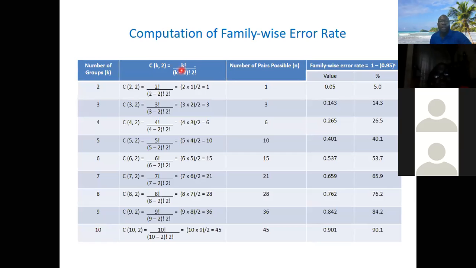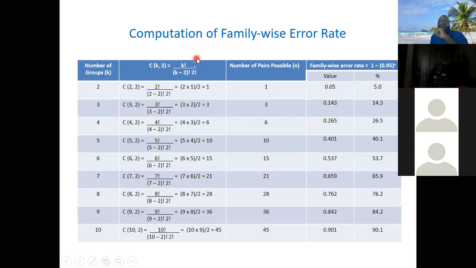So the combination formula is what we apply here to know the number of T-tests you carry out for the groups of means you have. K actually means the number of groups, which is synonymous with N. Because it's T-tests we are talking about, pairing, our R is constant, 2.